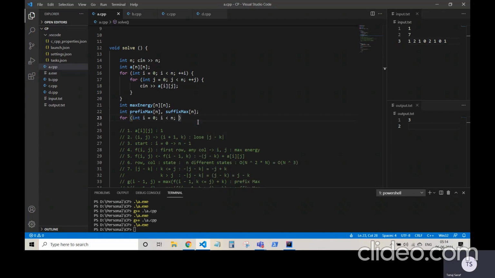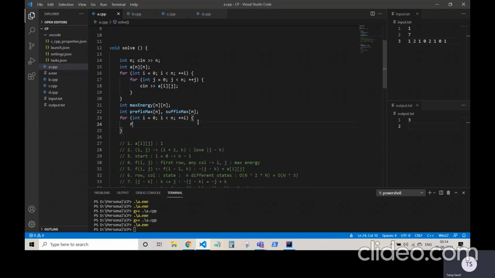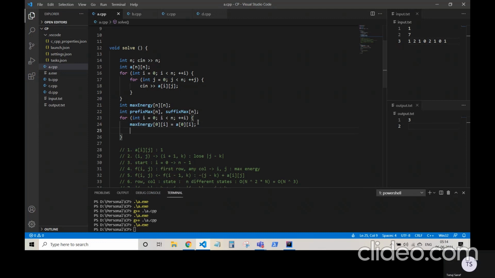And the value of the maximum energy at any such column would be equal to the energy that we derive from that cell, because we are starting our journey over there. So max energy 0 of i is equal to A of 0 of i.